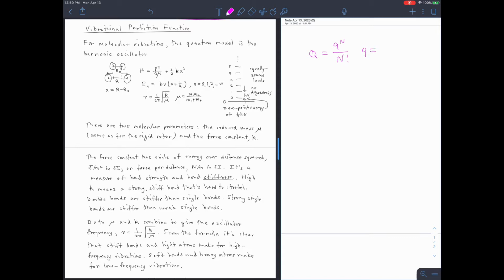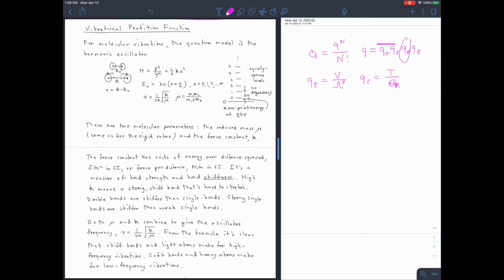Q is the molecular partition function, and it has its own factors: Q trans, Q rot, Q vib, and Q electronic. We've done both of the first two now. Q trans is V over the thermal de Broglie wavelength cubed. Q rot is T over theta rotational.